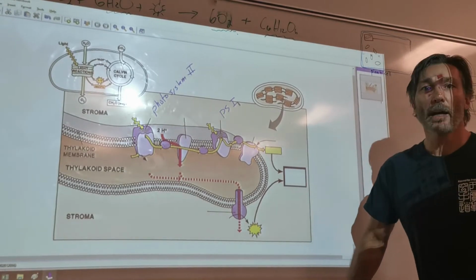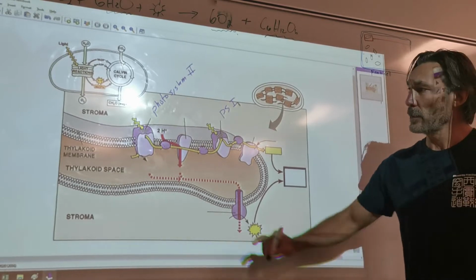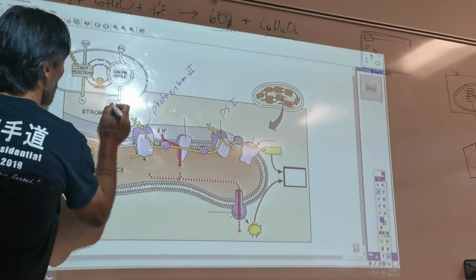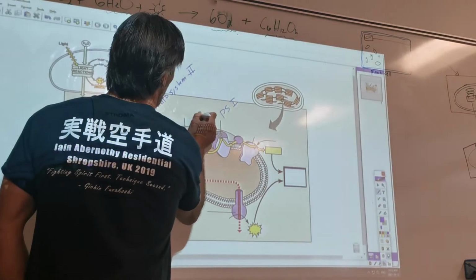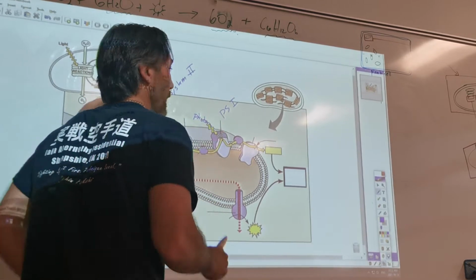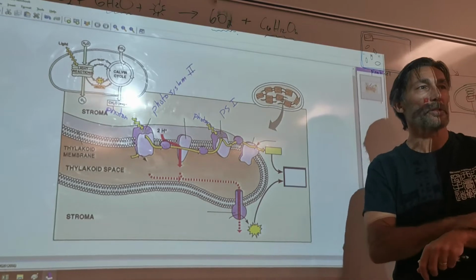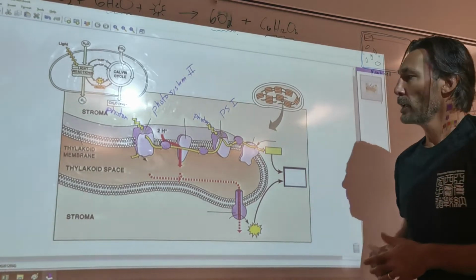Alrighty, so photons are little packages of light, and so these little lightning bolts represent photons. Photon. And we know that in the visible light spectrum, there's different sorts of photons, colors of the rainbow, a variety of different wavelengths.